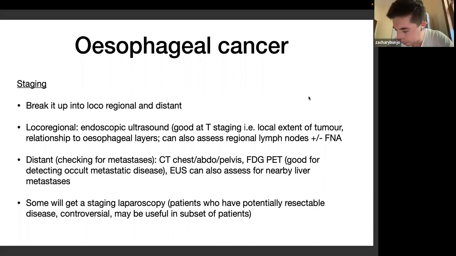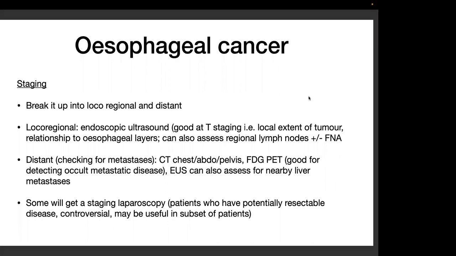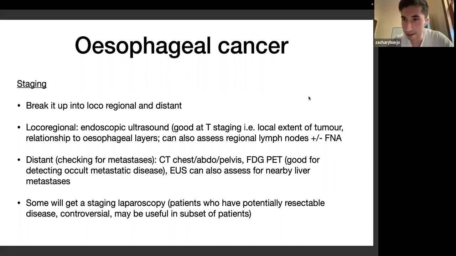What's that, sorry? Do you mean something like fertility related? Not necessarily. I was kind of thinking along the lines of things like echocardiograms for the heart. So some chemo agents can be cardiotoxic. Similarly, in certain patients, you might want to get lung function tests as well, particularly if they've got background COPD or emphysema. So things like that, just to get an overall idea of their fitness for surgery and chemo.